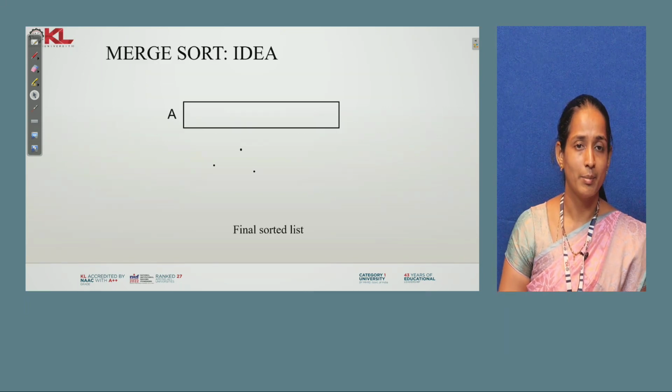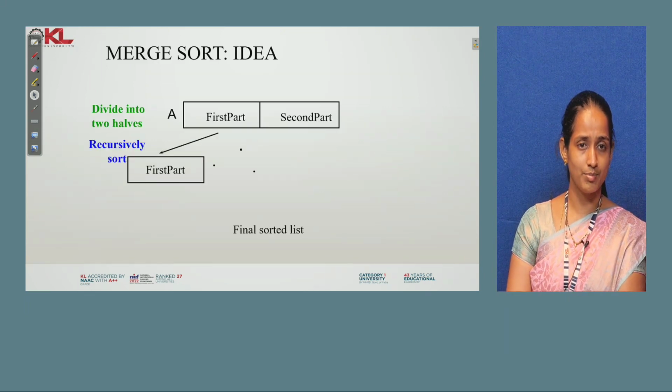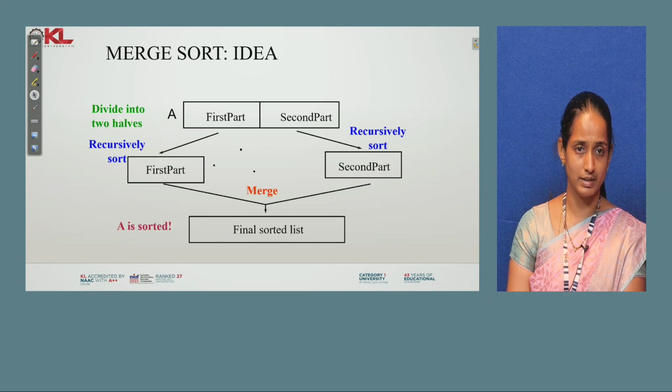Coming to the idea of merge sort, it is explained using a pictorial diagram. Given an array which contains n elements, it is first divided into two halves, the first part having n by 2 elements and the second half having n by 2 elements. Internally the first n by 2 elements are again recursively divided using the same algorithm until the list has one element. Similarly for the second part.